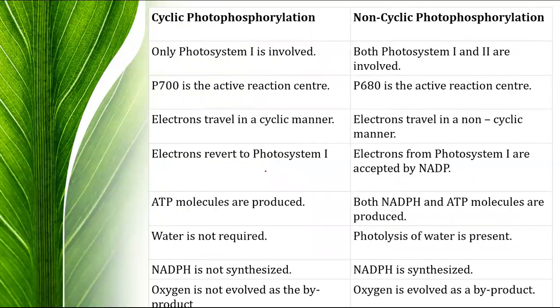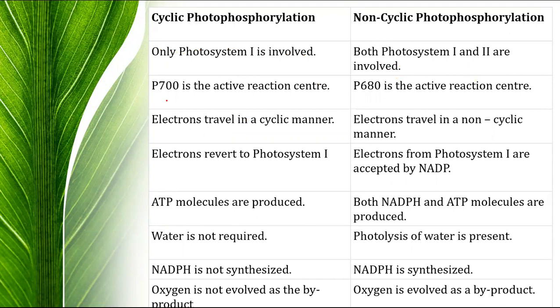Now these are the two important processes called cyclic photophosphorylation and non-cyclic photophosphorylation. This is the difference. The first difference is that one occurs in a cyclic manner and the other in a non-cyclic manner. In cyclic photophosphorylation, only photosystem one is used, while photosystem one and photosystem two are both used in non-cyclic photophosphorylation.